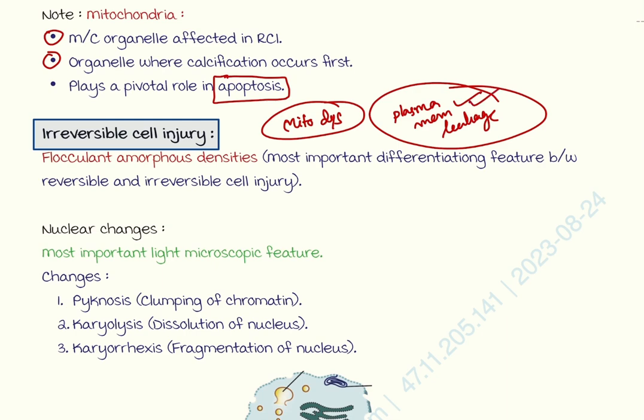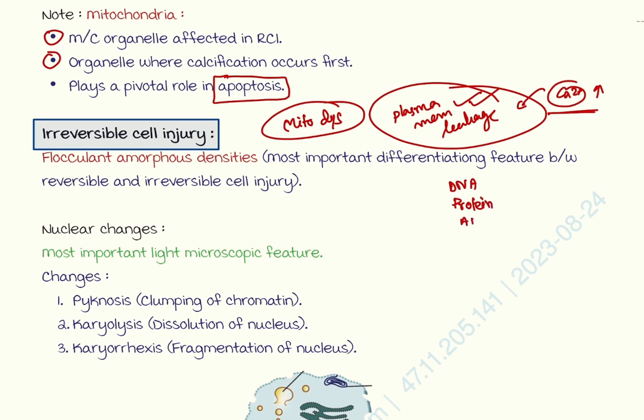Okay, because of the plasma membrane dysfunction, calcium will enter inside the cells, and that will increase the cytosolic calcium, and that can activate various enzymes like phospholipase, DNase, protease, ATPase, and endonuclease, and that will break everything inside. There is DNA damage because of DNase, the proteins are getting damaged because of protease.